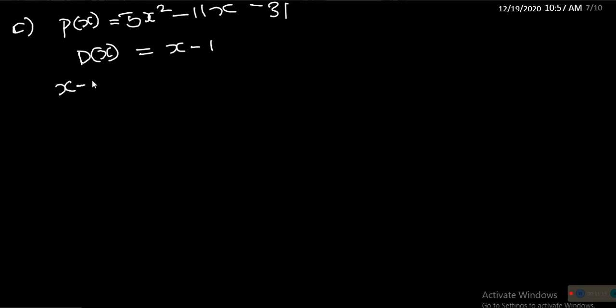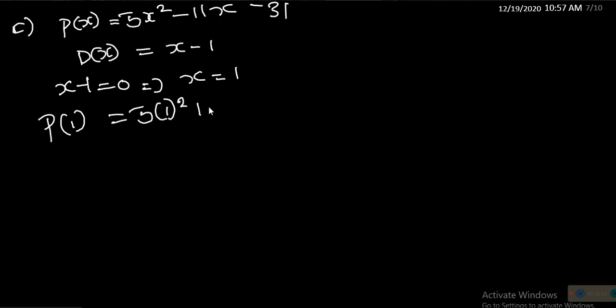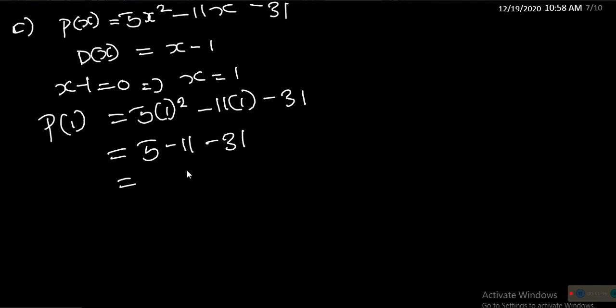So let x minus 1 equal 0, and you have x equals 1. So the remainder is p of 1, which is 5 into 1 squared minus 11 times 1 minus 31, which is 5 minus 11 minus 31. And this is simply 5 minus 42, which is minus 37.